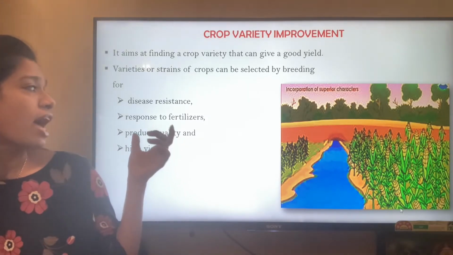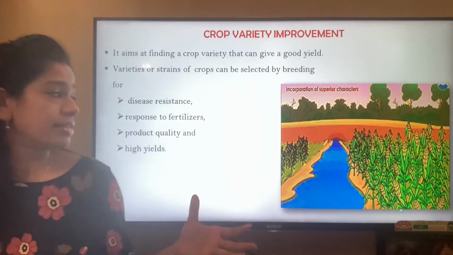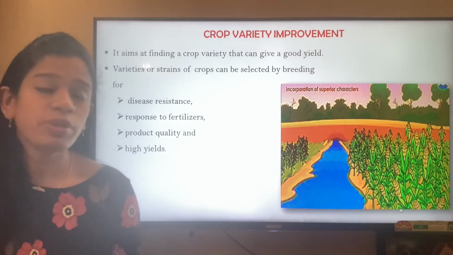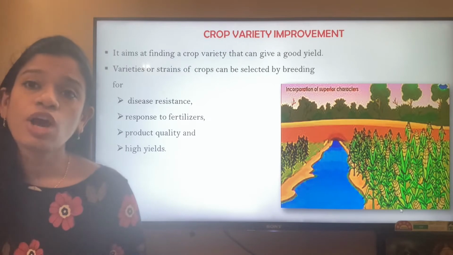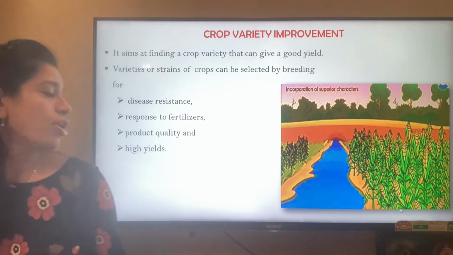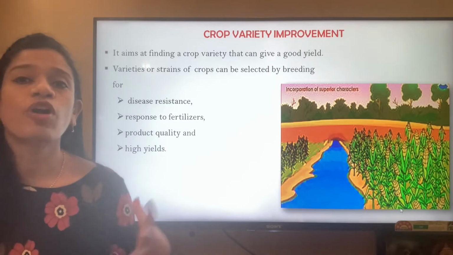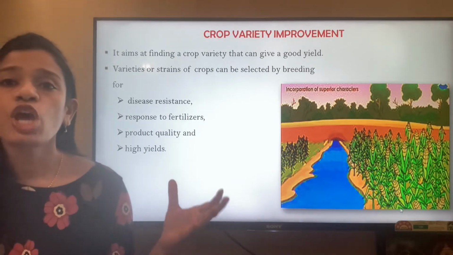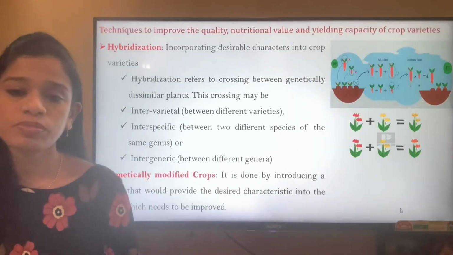So we must have a seed which is able to resist the diseases, responds properly and promptly to the input of fertilizers, has a proper quality of the grain, and also high yield. We should be breeding for all these purposes in order to get proper seeds which can lead us to increase food production.